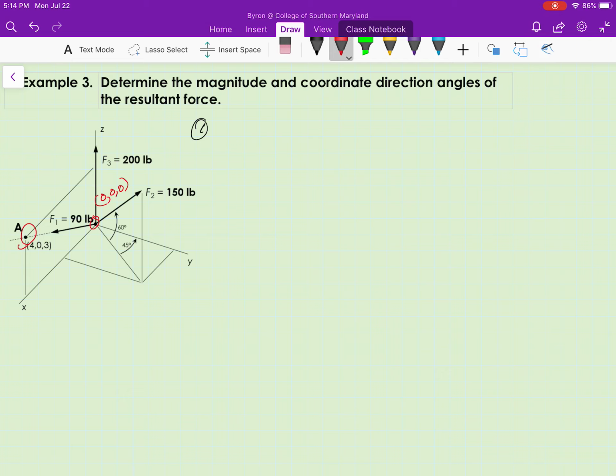So F1 is the case of a force vector directed along a known line.